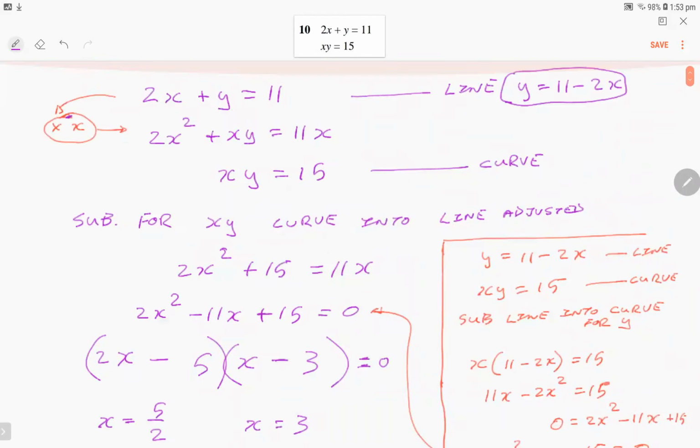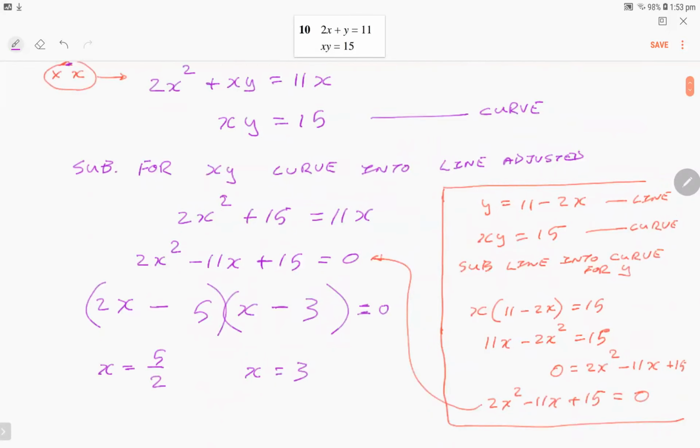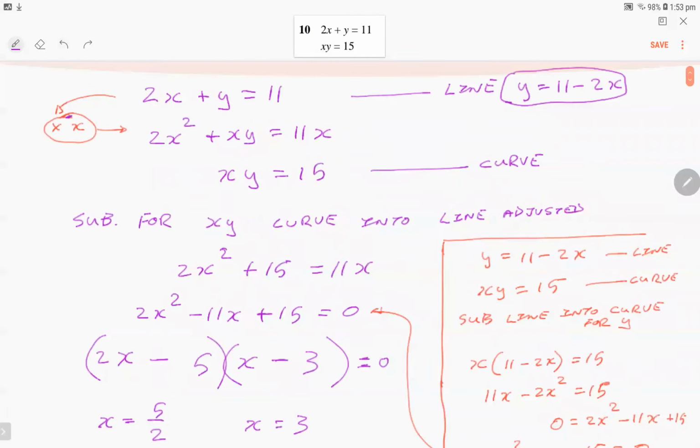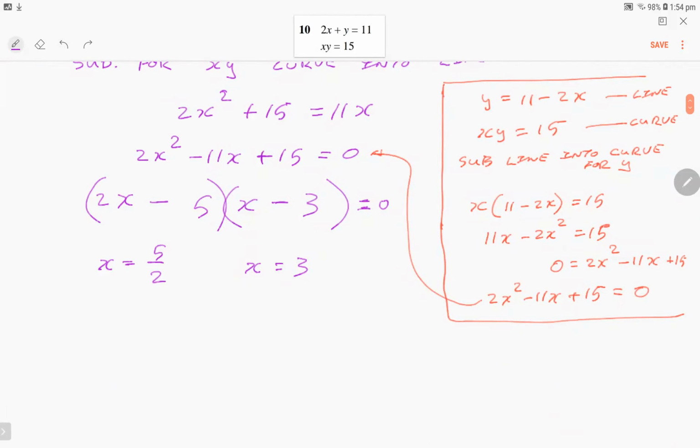You can actually use this one if you want, I could just divide by the x, but it's always safer to use the line. So I'm going to come back and use the line. This is 11 minus 2x, right? So I'm going to substitute into the line, which is y equals 11 minus 2x.